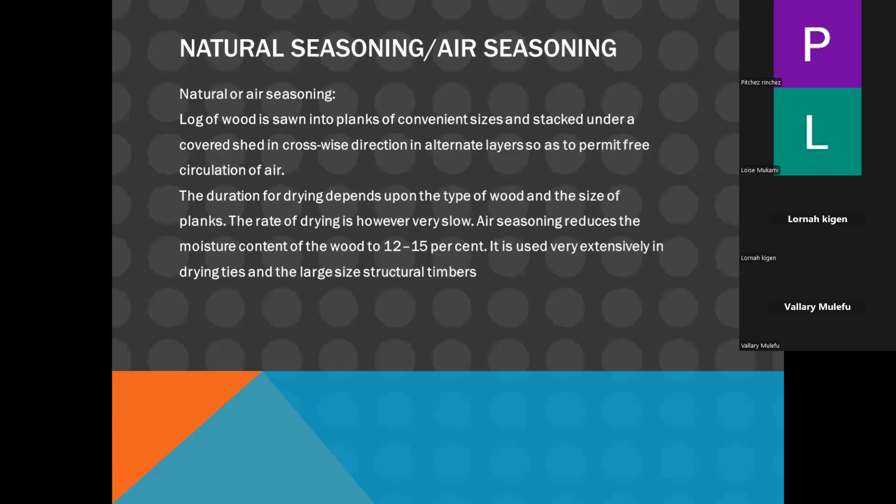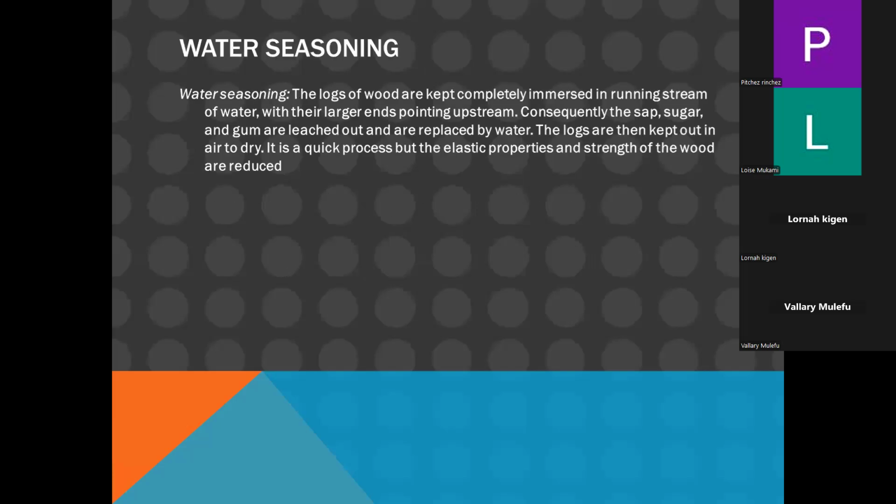The rate of drying in this method of air seasoning, since we do not require anything, we just require the air, the wind, is very slow and it reduces the moisture content of the wood to 12 to 15%. Number 2 is water seasoning.